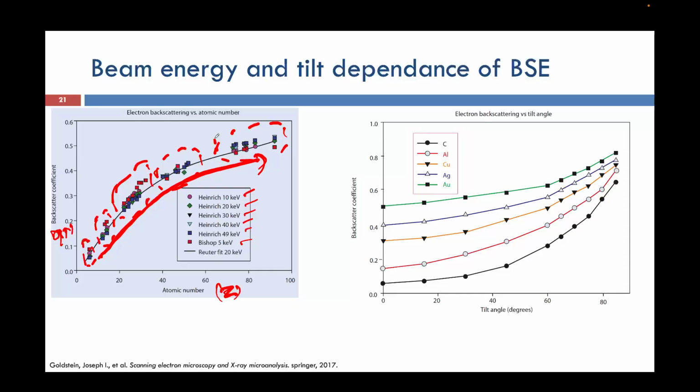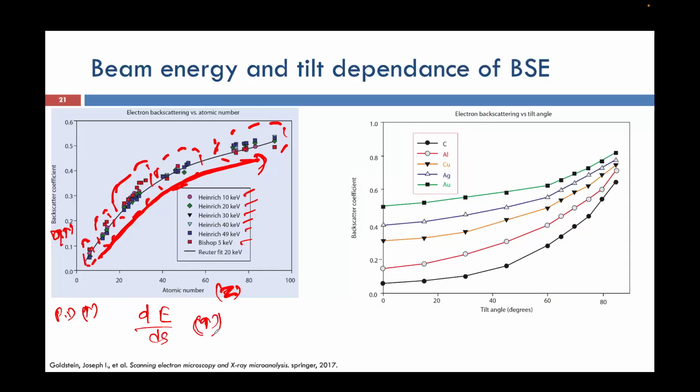Why is it not varying? Because the moment you apply more energy, inelastic scattering also takes place simultaneously. We are talking about Bethe's equation: the rate at which the energy is lost will also increase. If the penetration depth increases, then the rate at which the incident electron loses its energy will also increase.